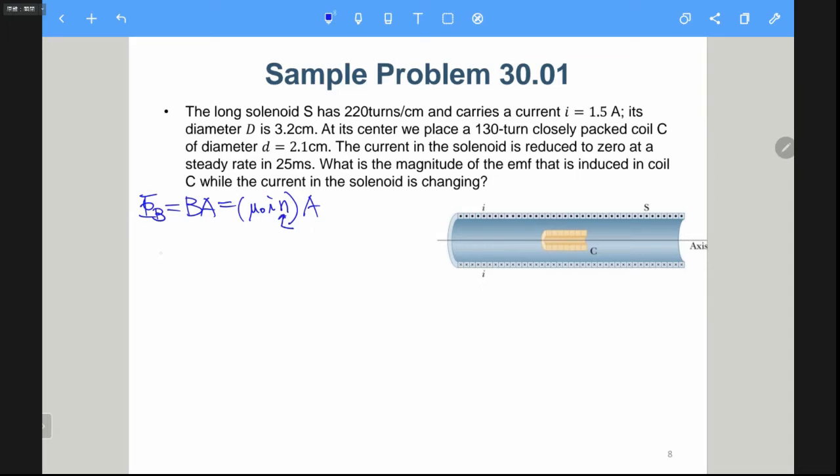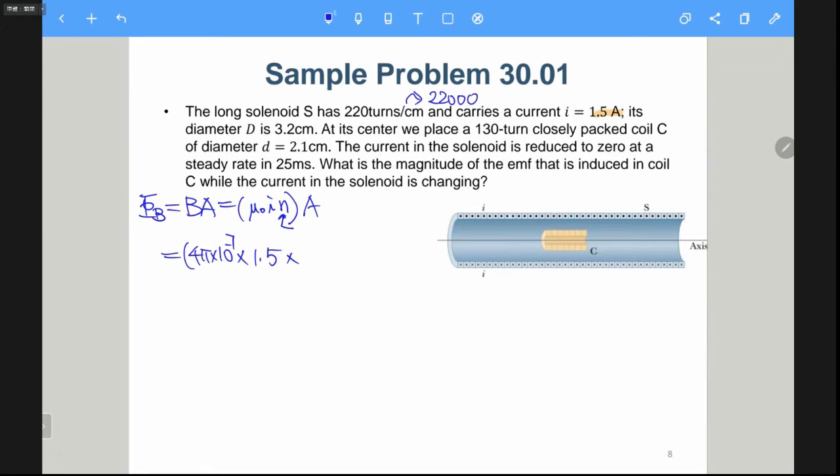Okay, so here mu naught is 4 pi times 10 to minus 7, and then the current is 1.5 A, and then the turns are 220 per centimeter. So we need to convert it to 220 times 100.